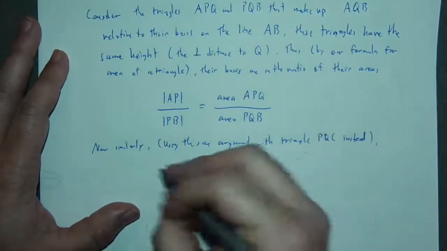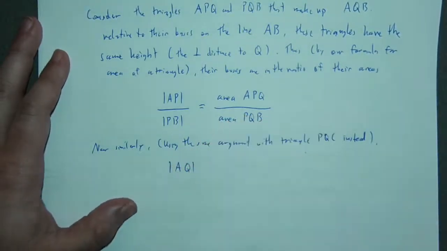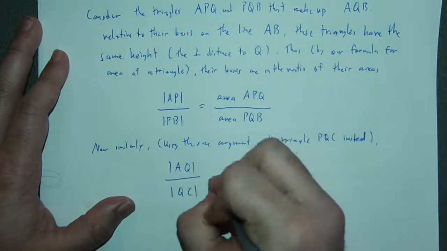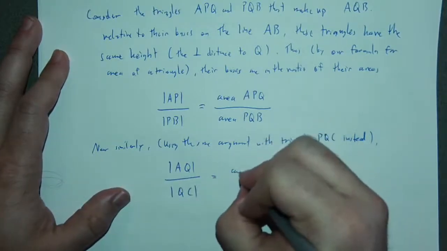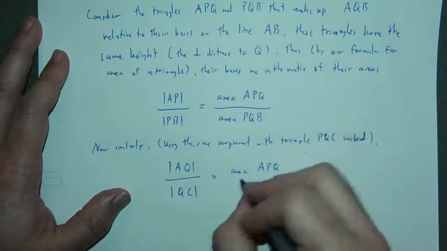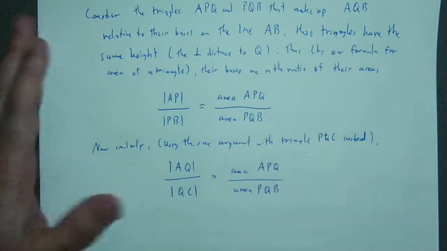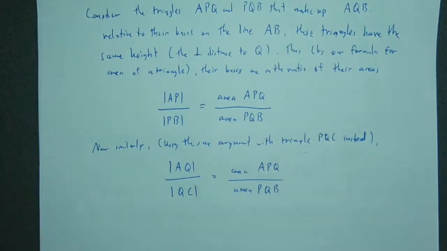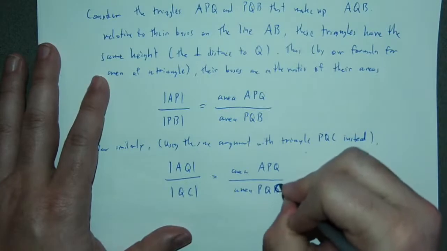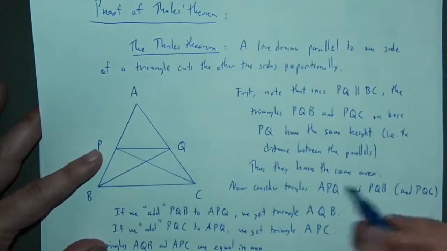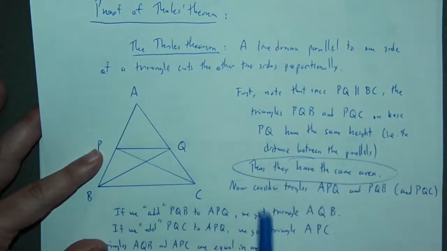I get a similar statement that the length of AQ over QC is equal to the area of APQ over the area of PQC, sorry. But the area of PQB and the area of PQC are equal. Right? That's what we said here.